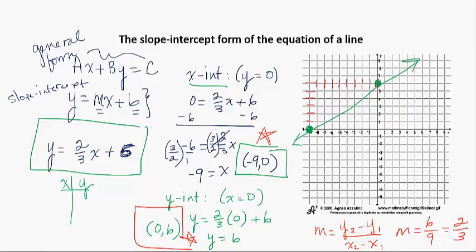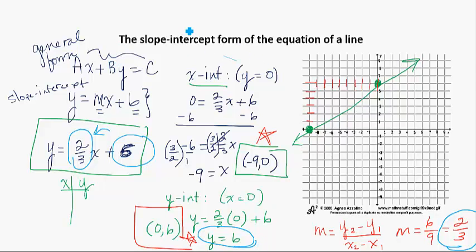Now, I would like for you to go back to the original equation and notice a few things. If you look in this original equation, these numbers look like things we found before. This coefficient of x happens to be my slope. And the constant term of 6 happens to be my y-intercept.